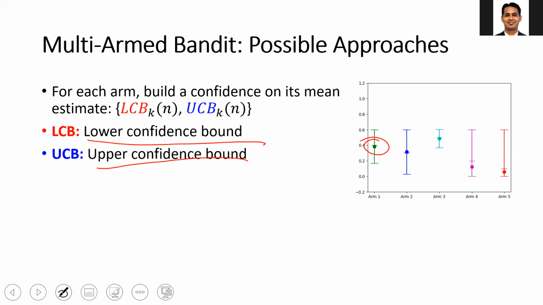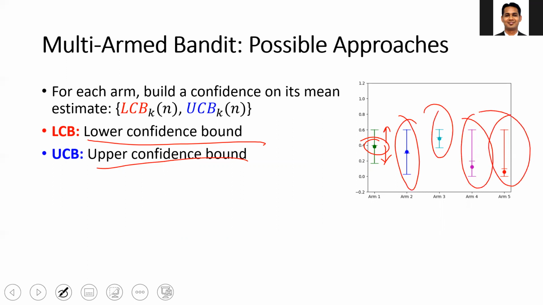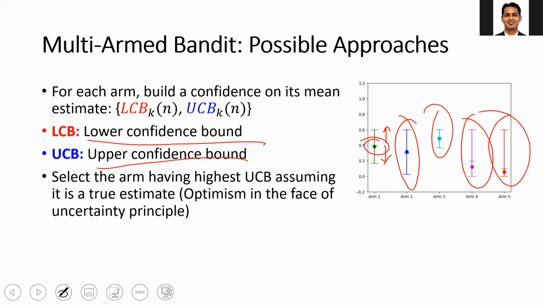So whatever estimated mean you have, you find out what is the worst I can go or what is the best I can go. You find out the confidence around your mean based upon your past samples, the lower confidence bound and upper confidence bound, and then you select the arm in each time slot.